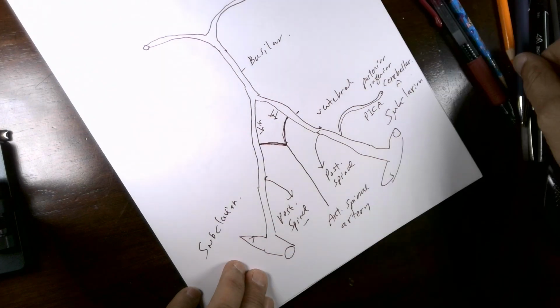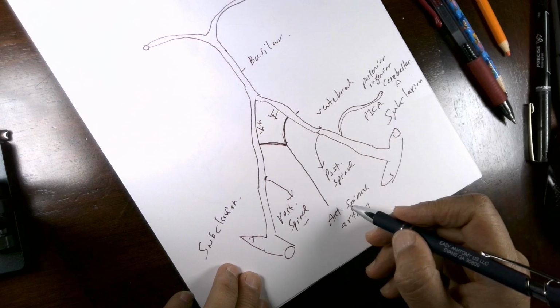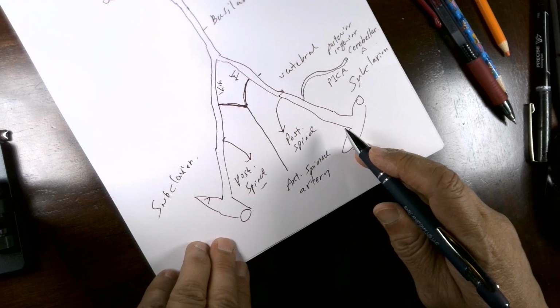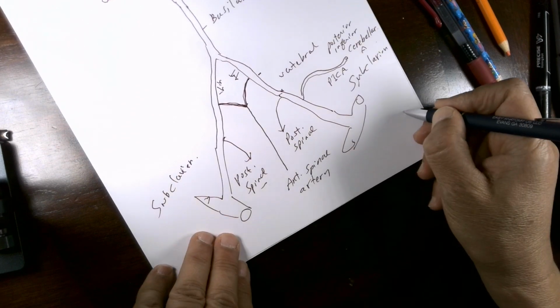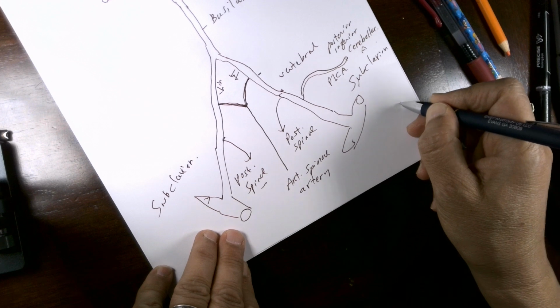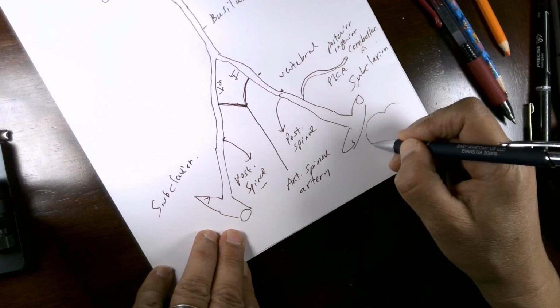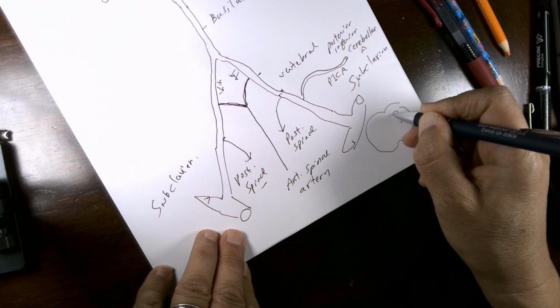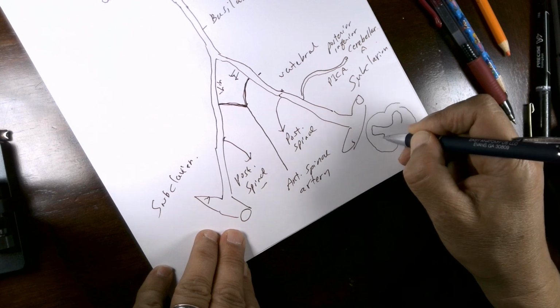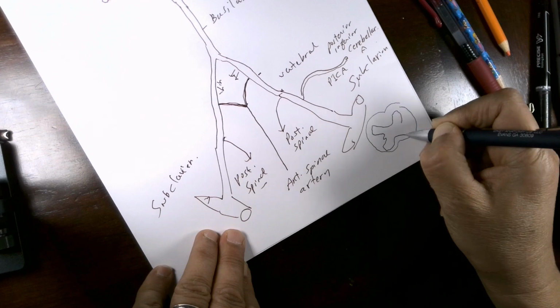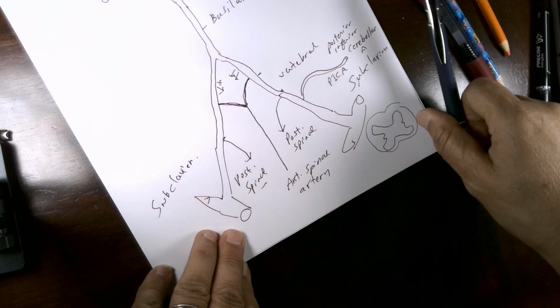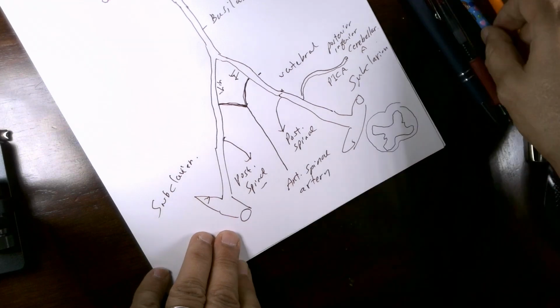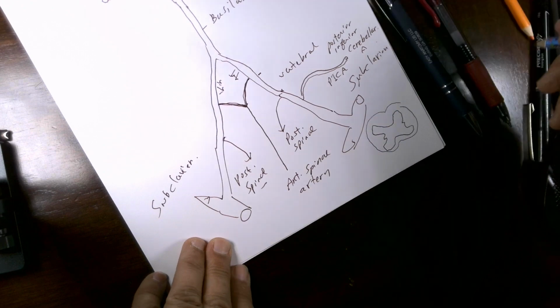Distribution of these arteries, the anterior and the posterior spinal artery. Here is the cross section in the spinal cord. Pay attention to what I'm doing now. Okay, this is a cross section. Here is the gray matter, which is H shape. Forgive me, I am not good at drawing, but I'm trying my best.